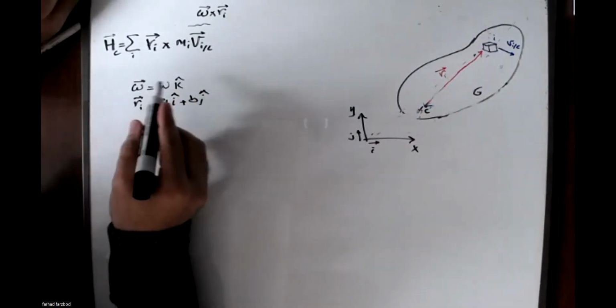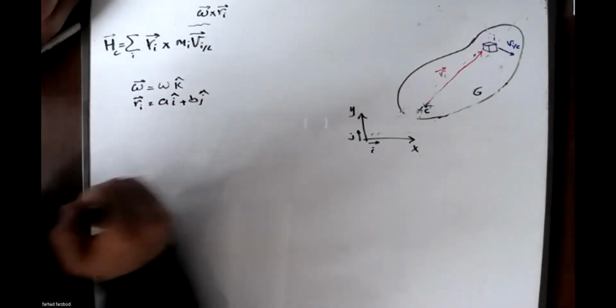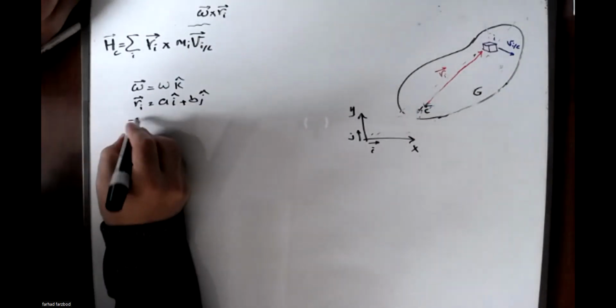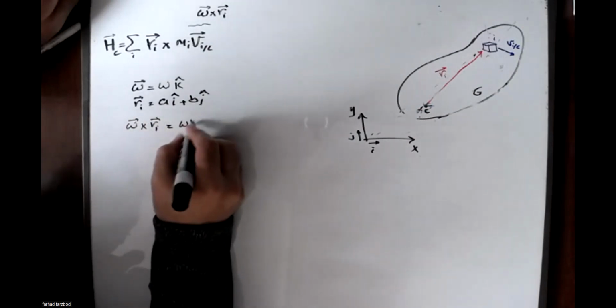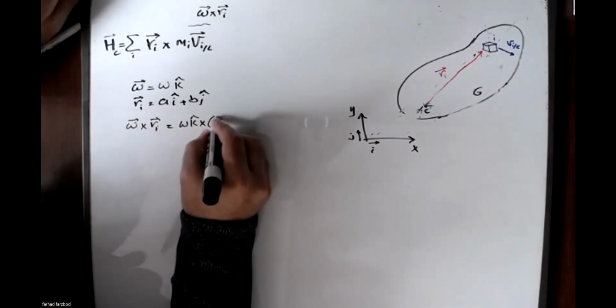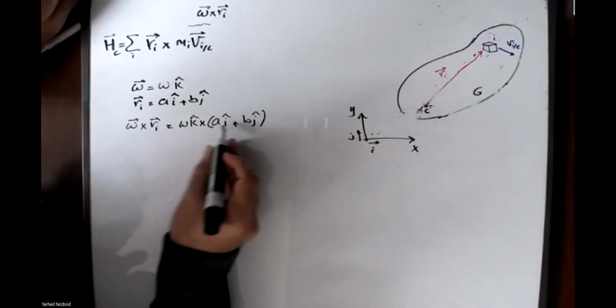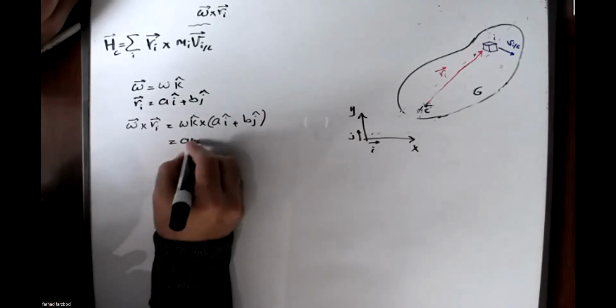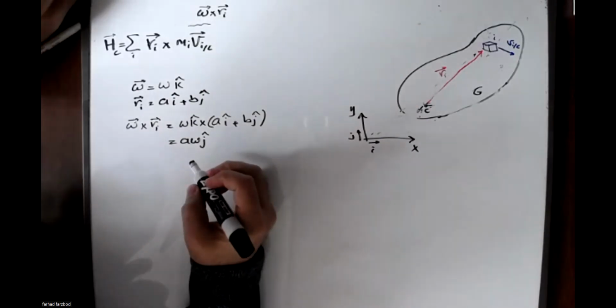So if I do cross product, omega cross that, it would be omega k hat cross a i hat plus b j hat. K hat cross i hat is j hat, and k hat cross j hat is negative i hat.